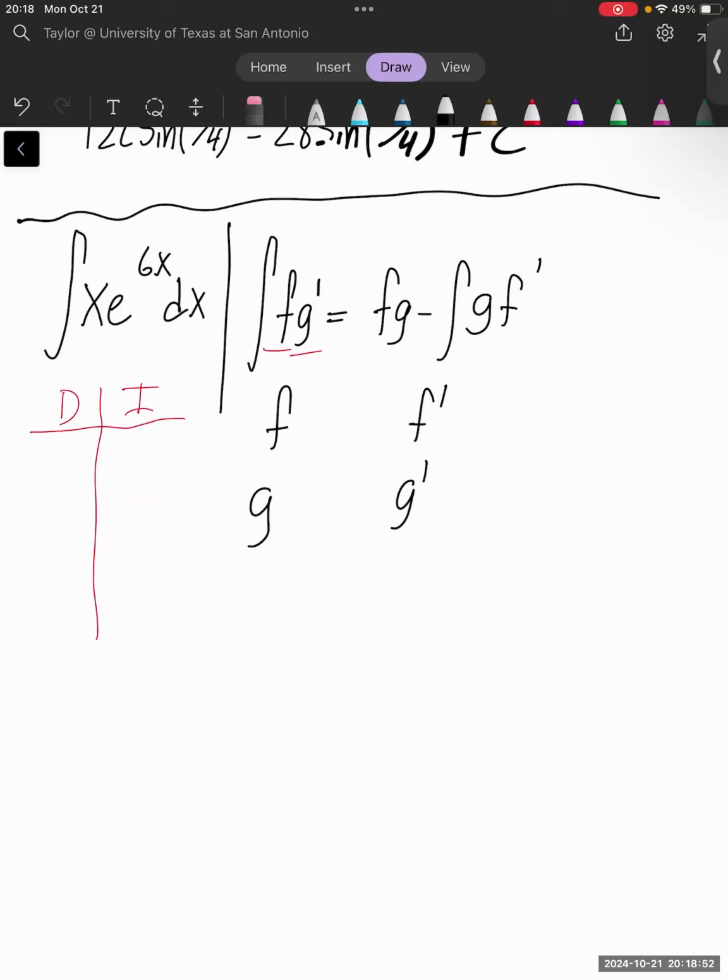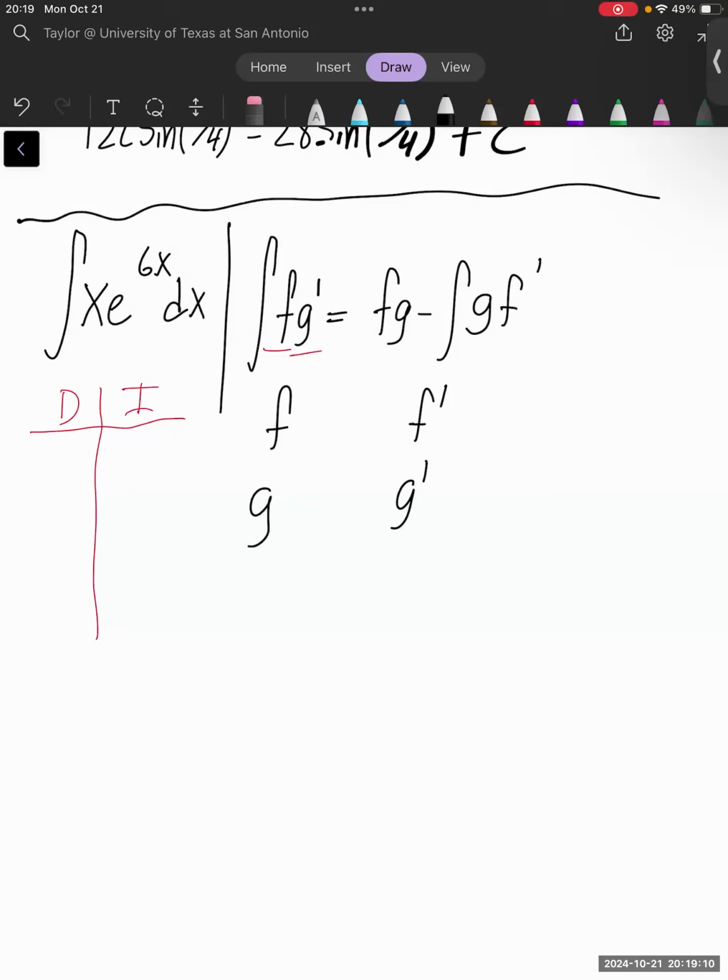And I know immediately you'd be like, well, they're both pretty easy to integrate. That is true. But one of them makes more sense because considering their derivatives, one of them disappears.